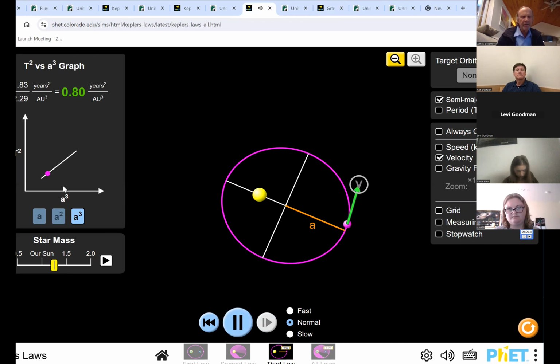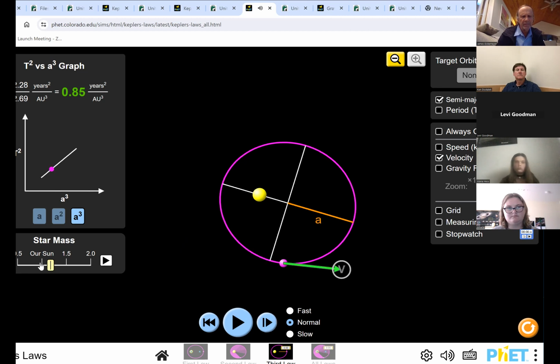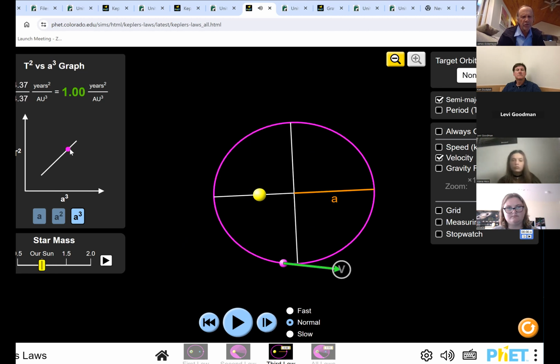But notice off here on the edge, we've got the period squared plotted versus the distance cubed. Okay. And so if I were to change the mass, watch what happens when I change the mass. It moves along this straight line.